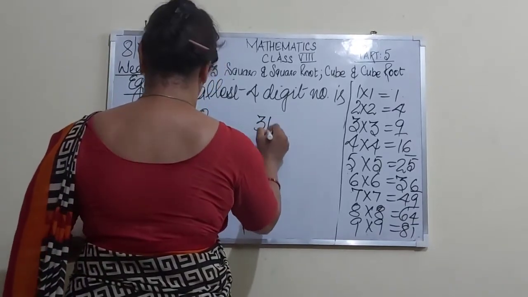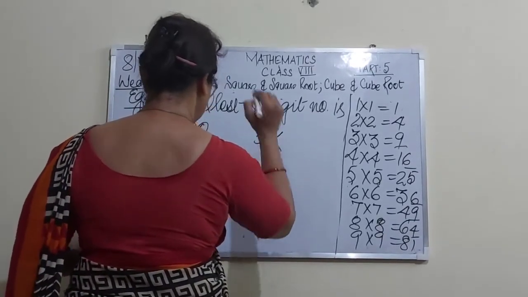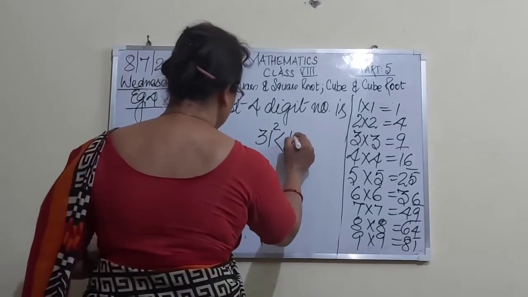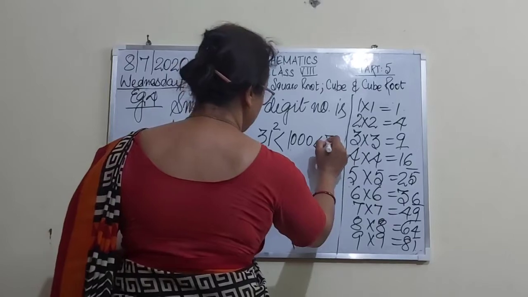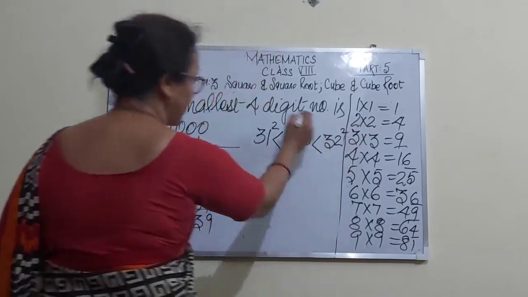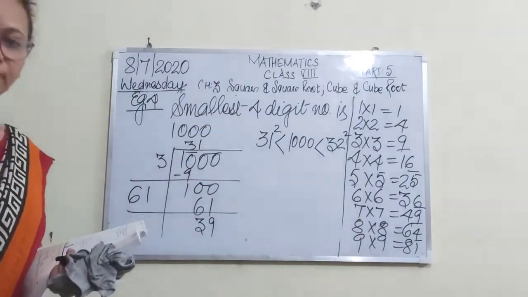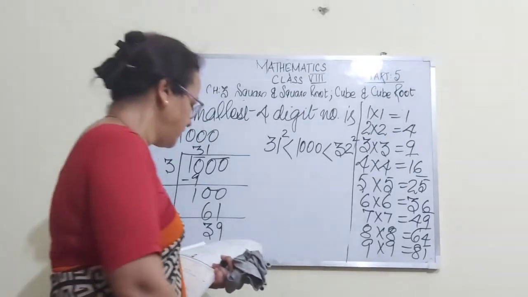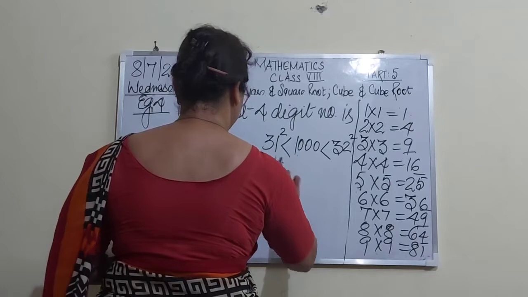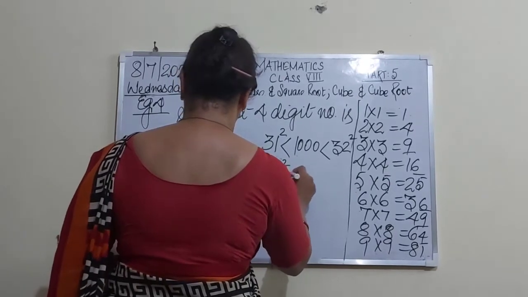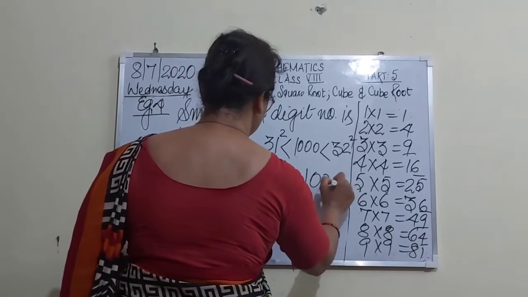31 square is less than 1000, and 1000 is less than 32 square. This means 1000 lies between the square of 31 and the square of 32. 32 square is 1024.